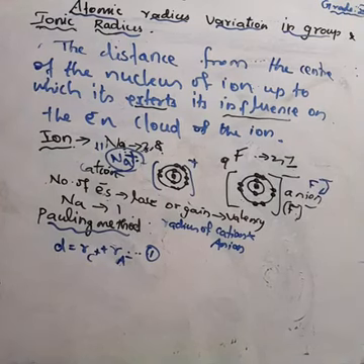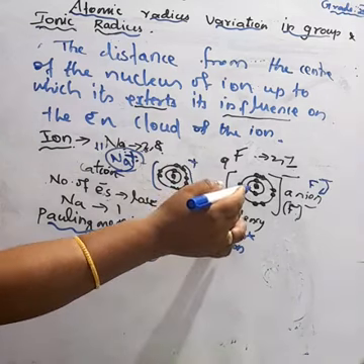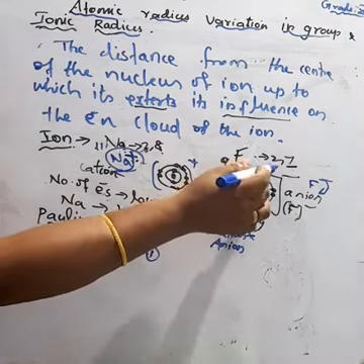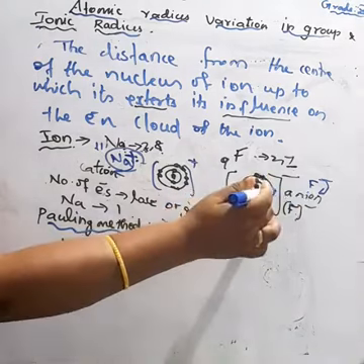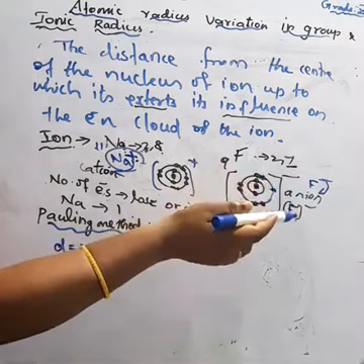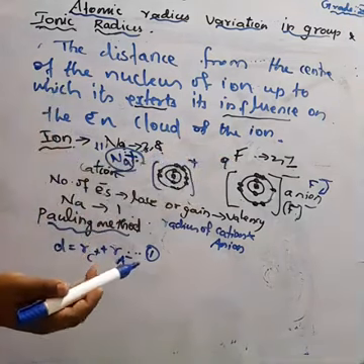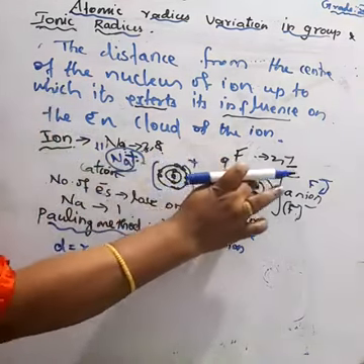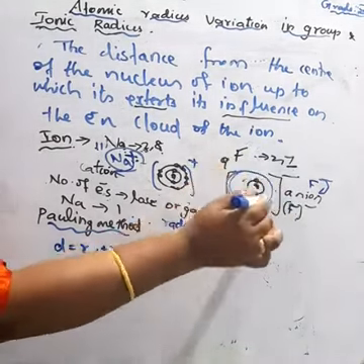In the case of the anion, fluorine, the neutral atom has atomic number 9, so 2, 7. First orbit 2 electrons, second orbit 7 electrons. So it always attracts 1 electron to get the stable structure. When the sodium atom removes its 1 electron, the fluorine atom attracts this electron to get the stable configuration.